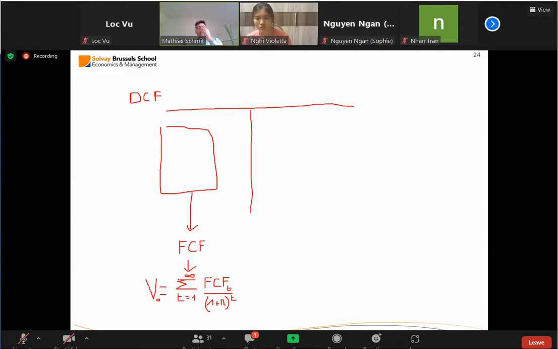Okay. But we can assume that if we are in a constant growing perpetuity, then my value is my free cash flow divided by R minus the growth rate.